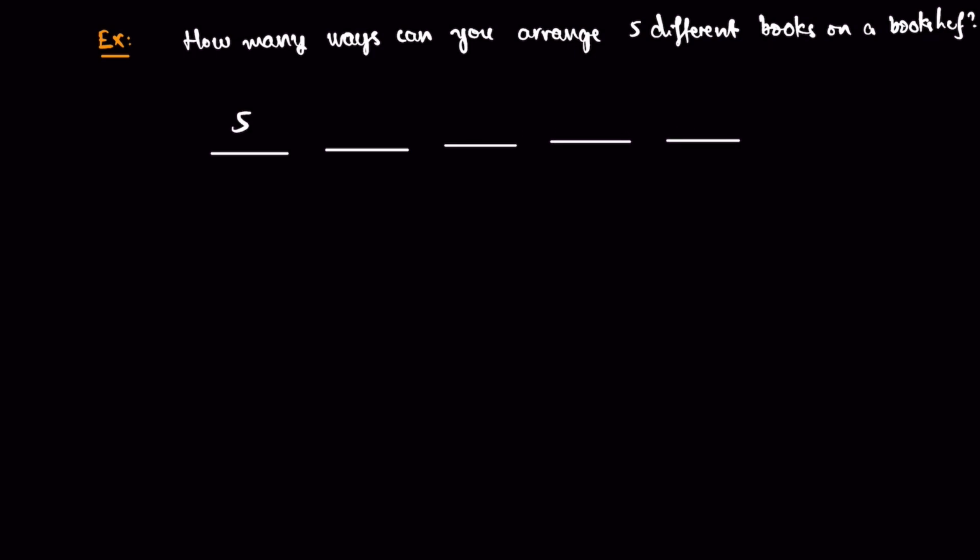For the first slot, you have 5 different choices of book, and then you're left with only 4 choices for the next slot, then 3, then 2, then 1. So this is 5 times 4 times 3 times 2 times 1. This is equal to 5 factorial, or 120 different ways for you to arrange 5 different books on the bookshelf.